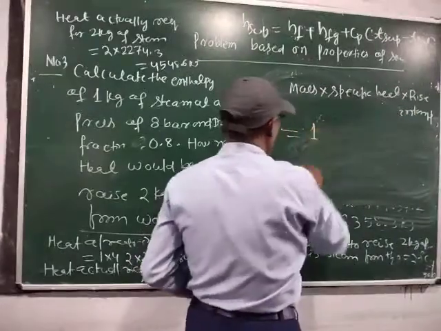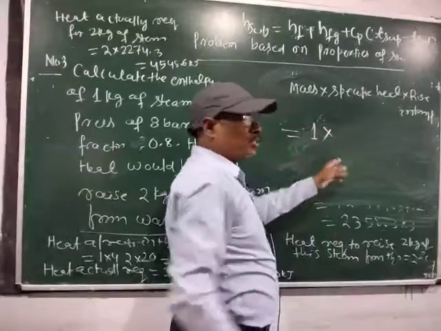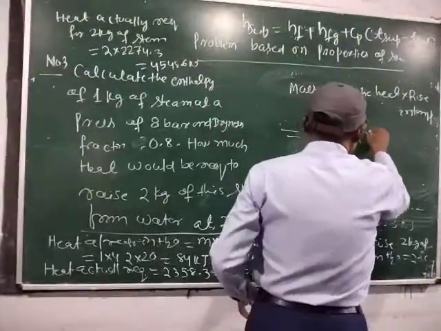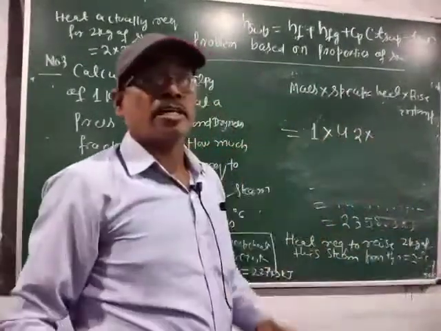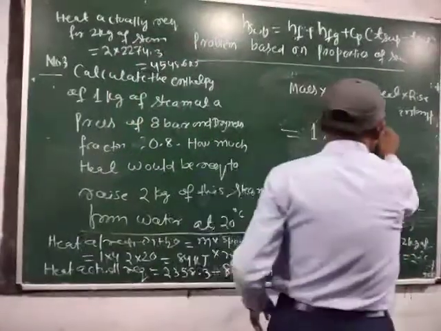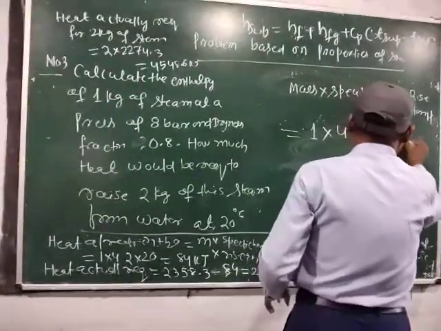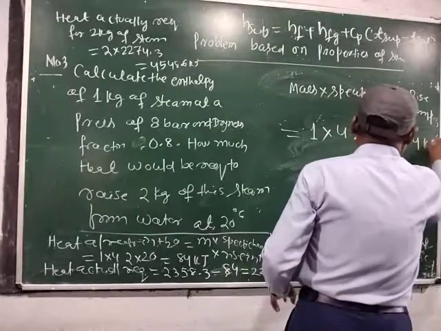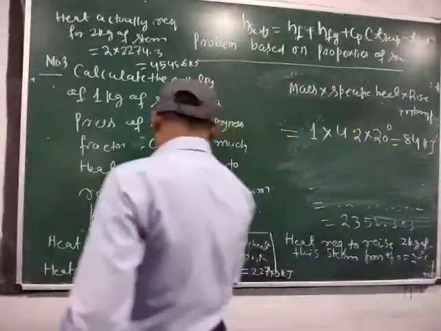Therefore, mass is equal to 1, specific heat is equal to 4.2, into rise in temperature is equal to 20 degree centigrade, is equal to 84 kilojoule.